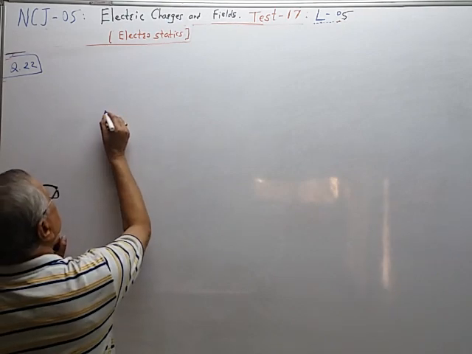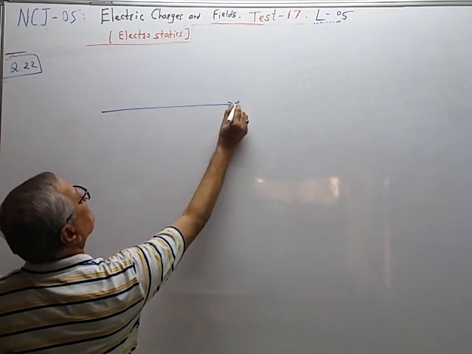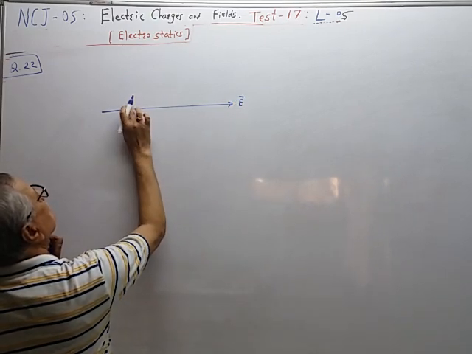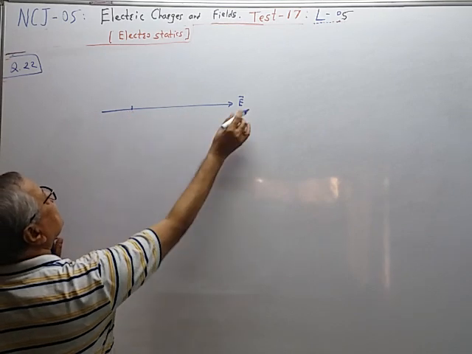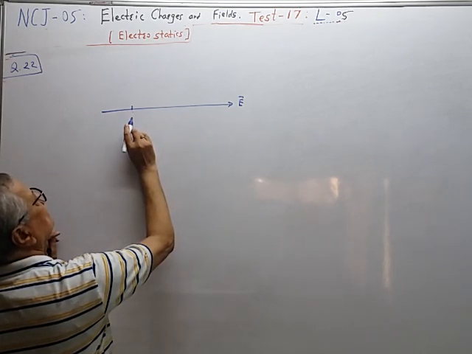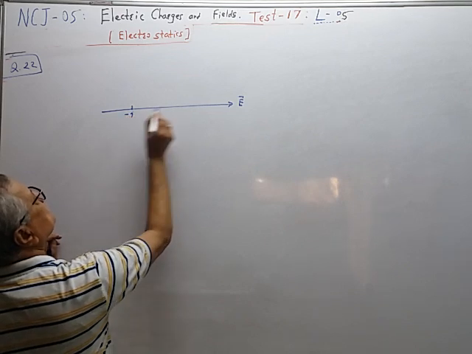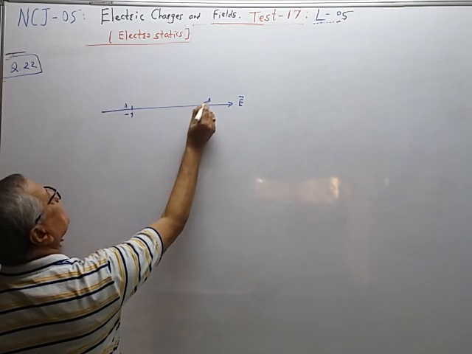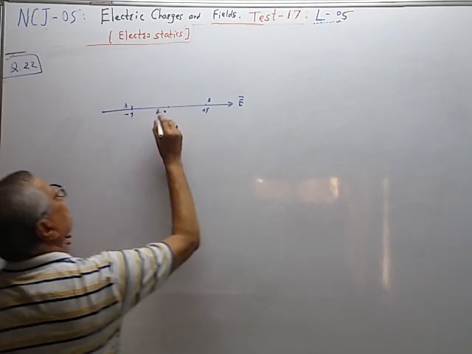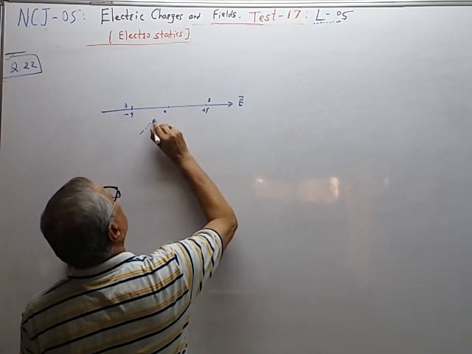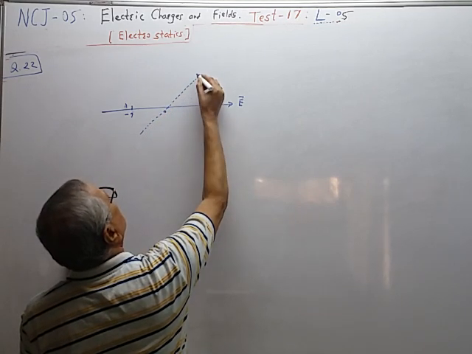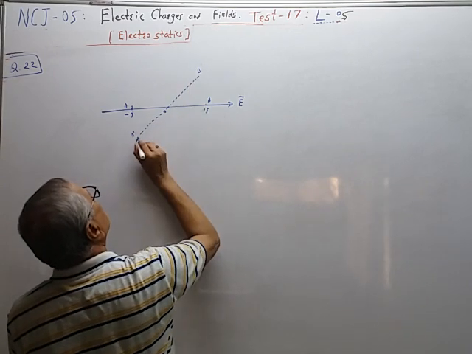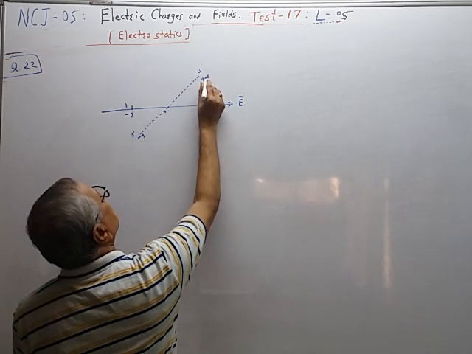So if this is the electric field, initially the dipole is along the electric field direction, and therefore the dipole will be minus q, plus q, A B. This is center O. Now, if the dipole is rotated through angle theta, A dash, B dash, this is minus q, this is plus q.